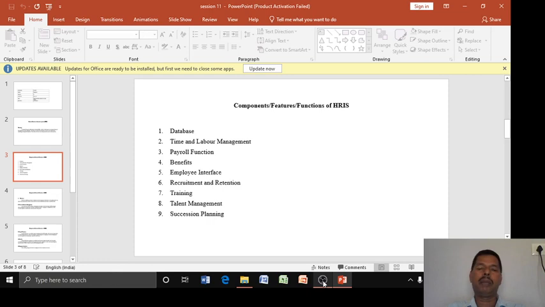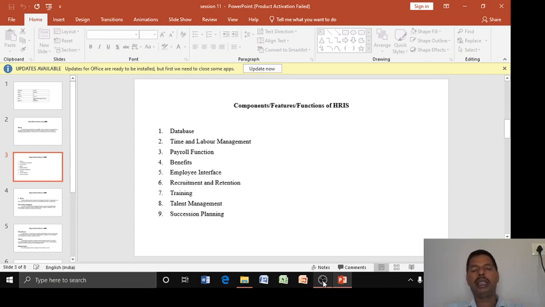First one, database. Second one, time and labor management. Third one, payroll function. Then benefits, employee benefits. Next one, employee interface. Next one, recruitment and retention.